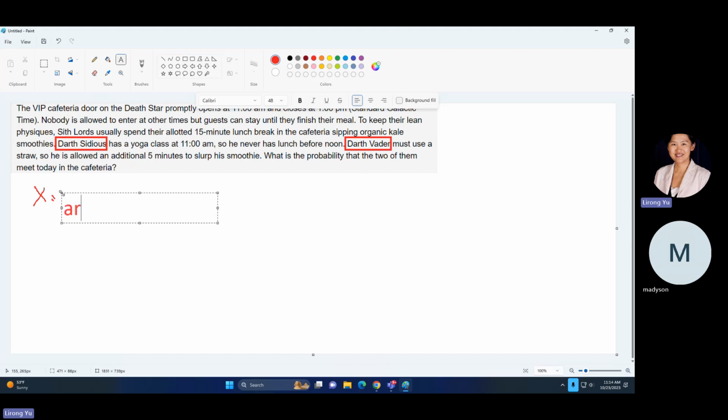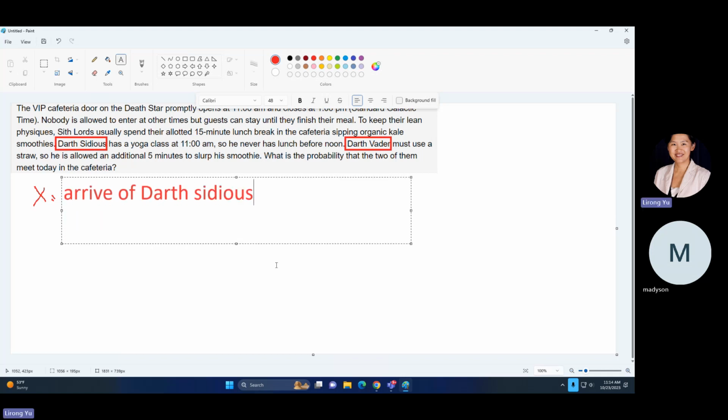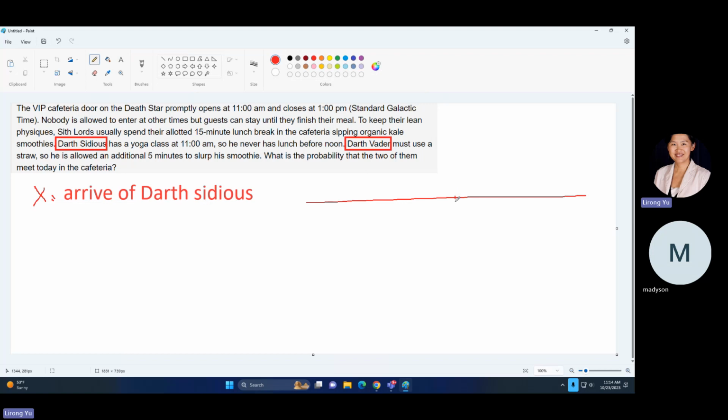This is arrival. Right, and this person said Darth Sidious has a class at 11, so this person cannot arrive before noon because he has classes, right? So when we are looking at the timeline, we're counting the time by how many minutes.